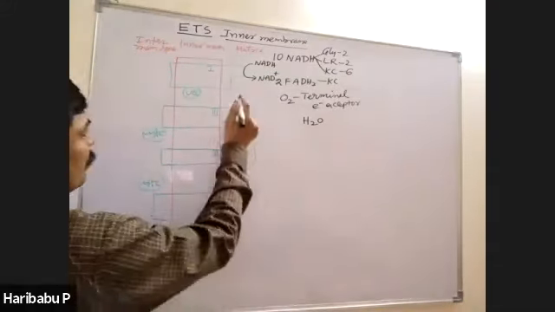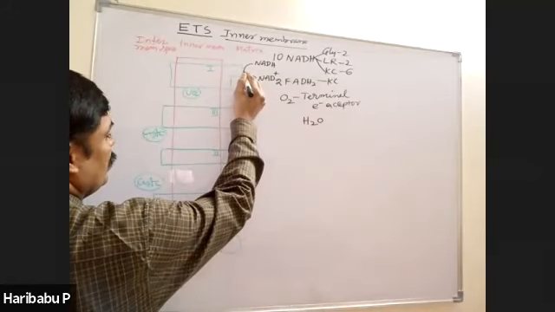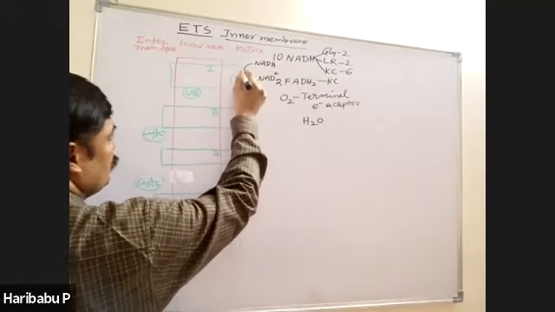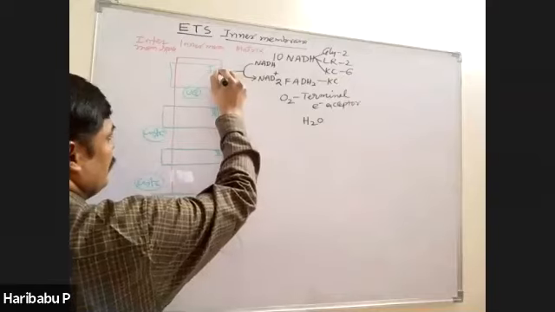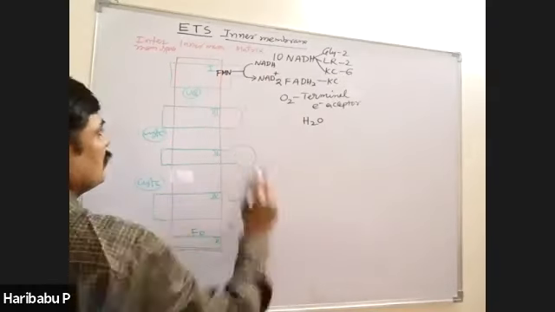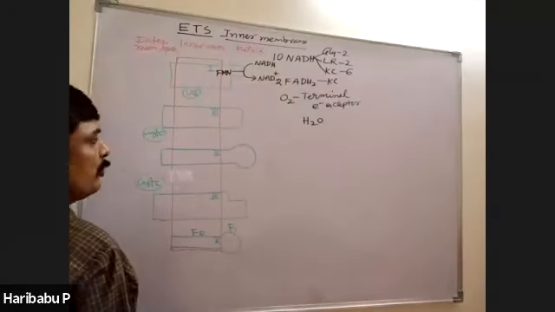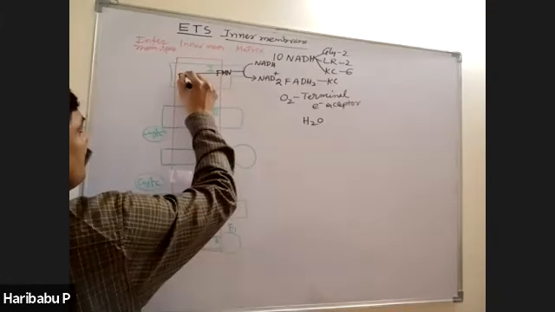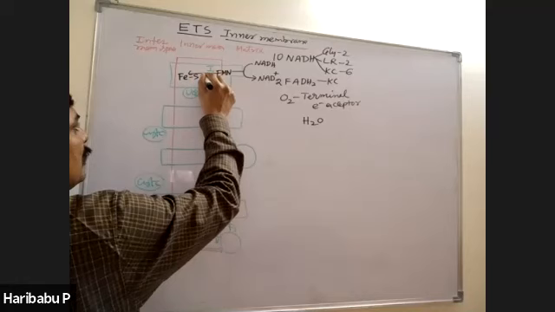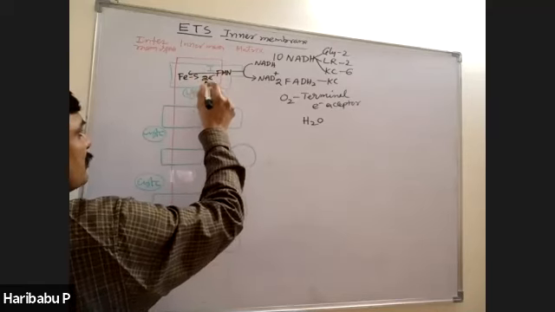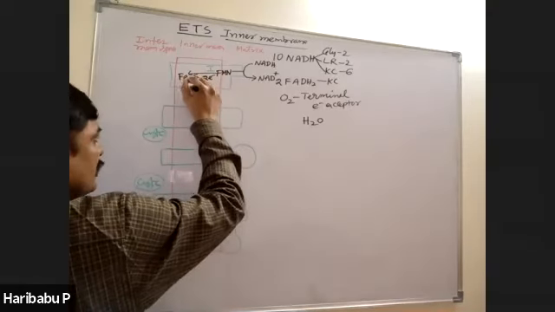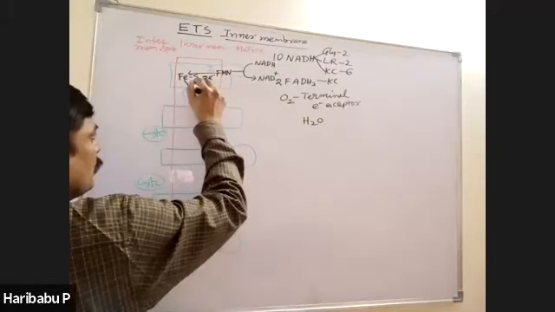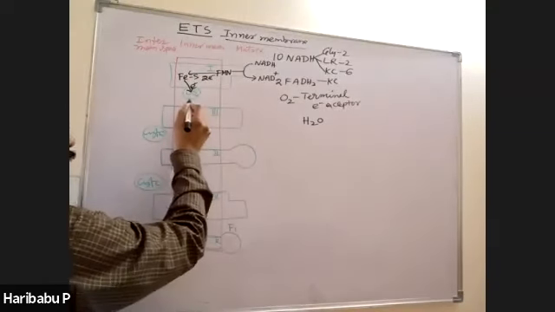These electrons are accepted by FMN, the flavin mononucleotide prosthetic group, and then transferred to iron sulfur proteins. The iron sulfur proteins transfer electrons to ubiquinone.